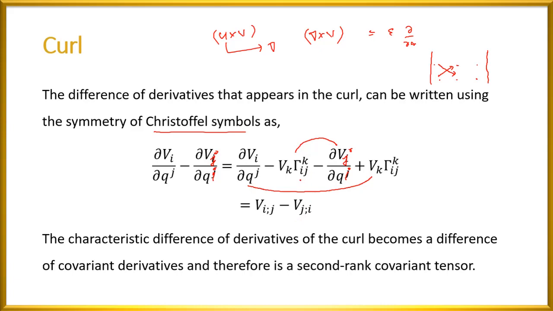We know that inside the Christoffel symbol, interchanging i and j does not make much difference. Therefore, this can be used by writing the symmetry of the Christoffel symbol. Therefore, the difference of these derivatives actually comes to be the covariant derivative of the vector. Since we know that the covariant derivative is a second rank tensor, the answer here must also be a second rank covariant tensor.